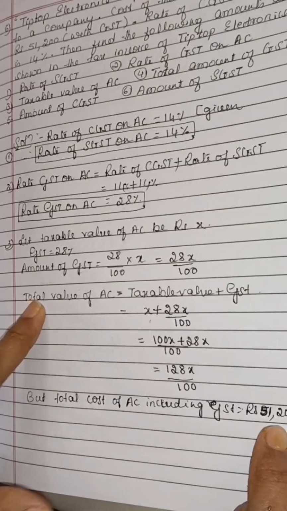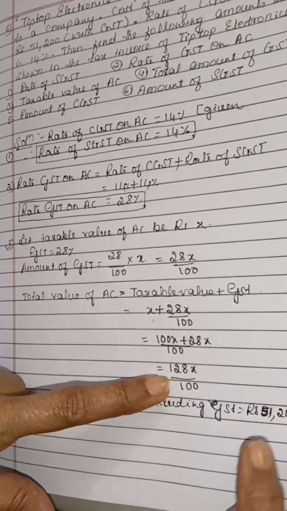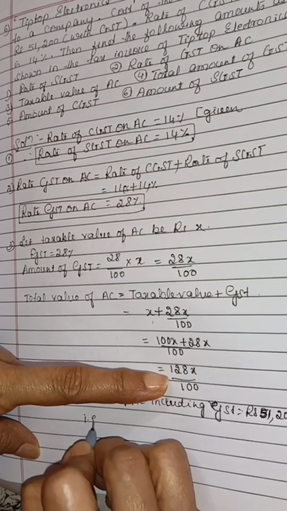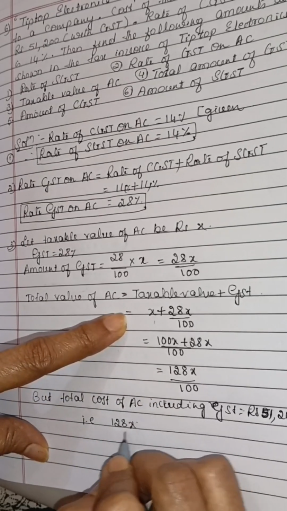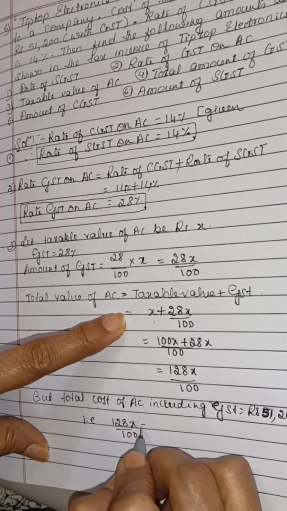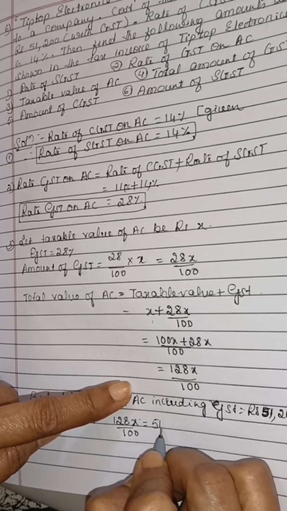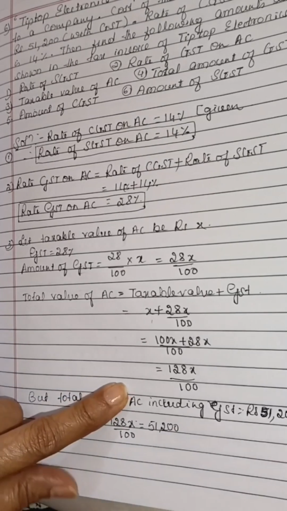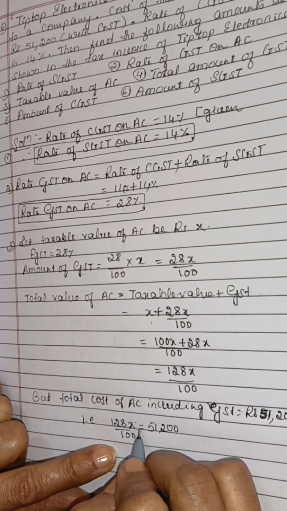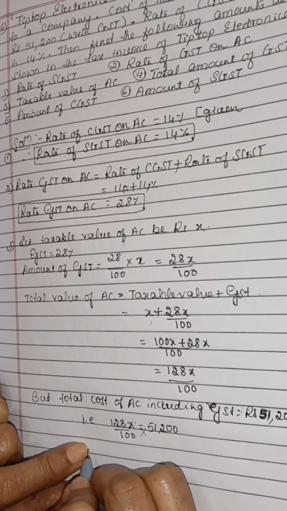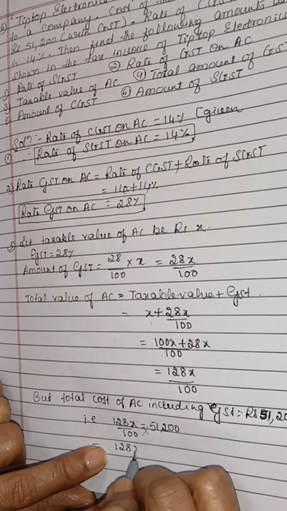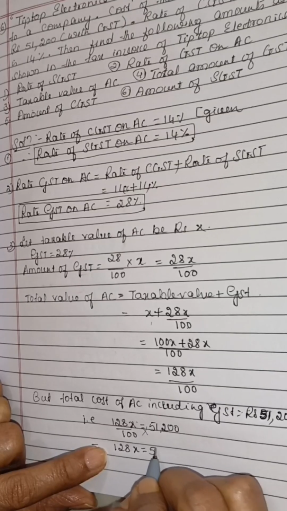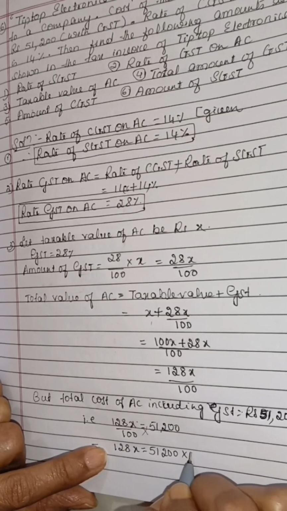That is given. But here the total value of AC is 128X divided by 100, which equals 51,200. Now we have to cross multiply. Therefore, 128X equals 51,200 multiplied by 100.